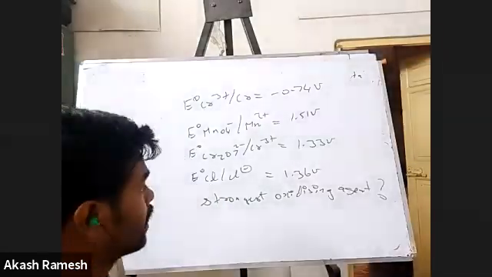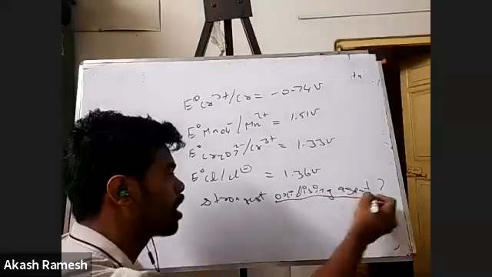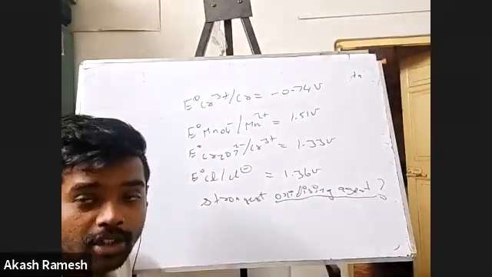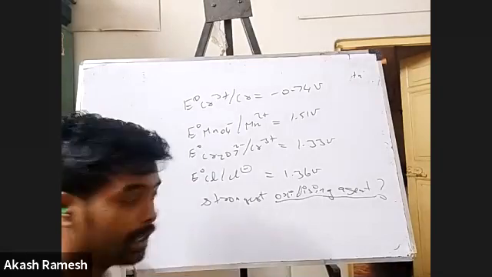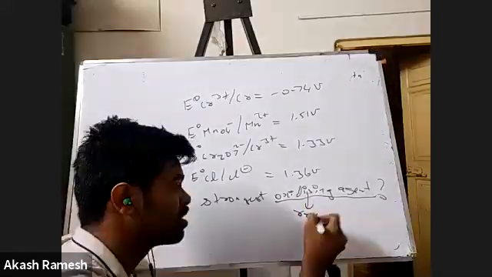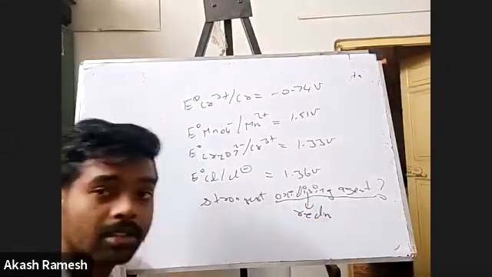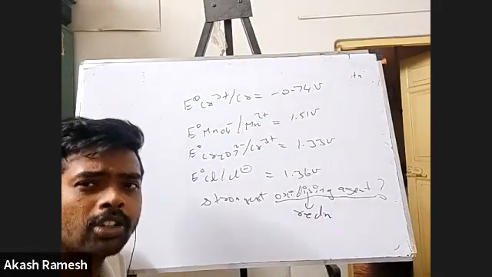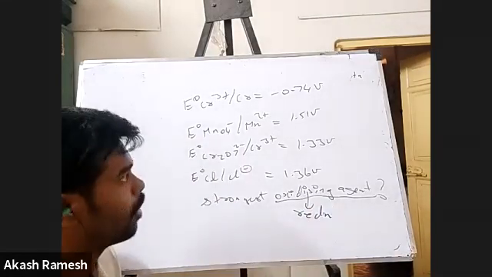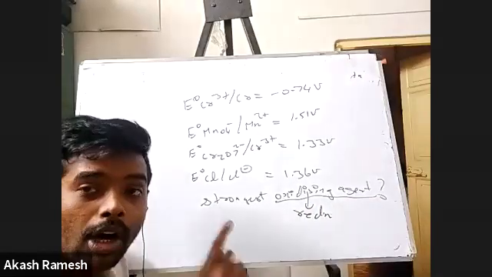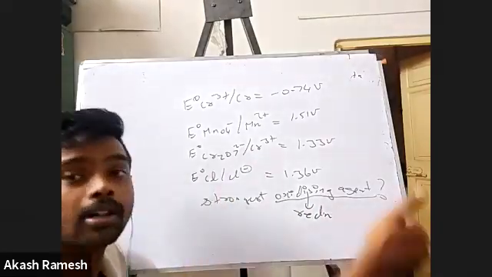Please understand they're asking about oxidizing agents. I know what oxidizing agents do. They will oxidize something else, but these oxidizing agents undergo reduction. We know this, isn't it? So basically, what I have to look for is the ability of the particular species to undergo reduction.